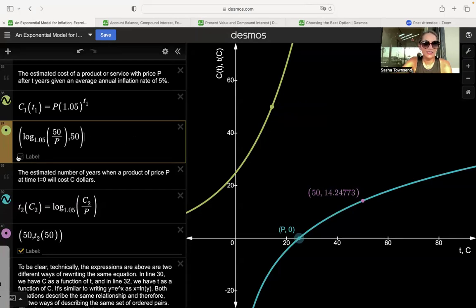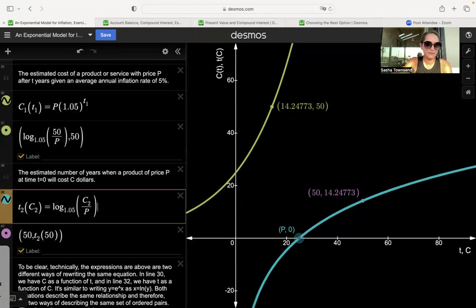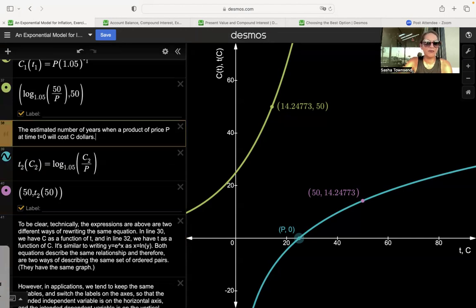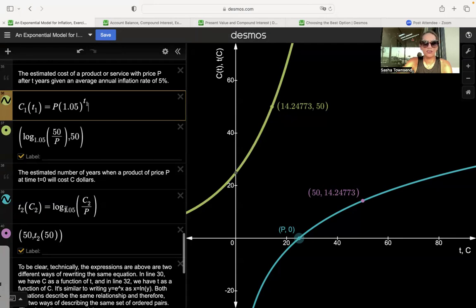All right, so that's how we can actually use inverse functions in real life. And again, we do that every time we solve for t. But I do want to emphasize that technically, if you have t equals log base 1.05 of c divided by p, and c equals p times 1.05 to the t, those are actually just two ways of describing this green curve.